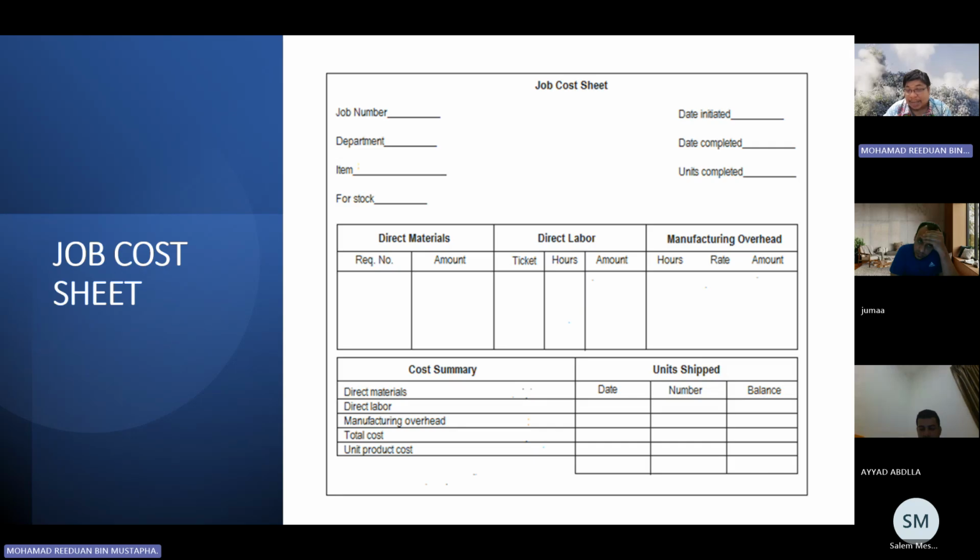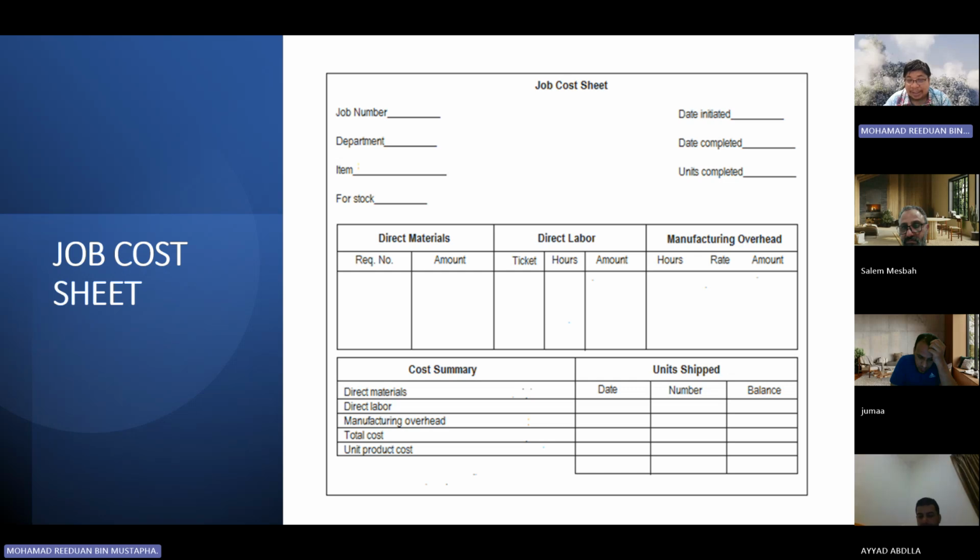This is just an example of the job cost sheet. It can be physical, or the design can be transferred into Excel or Microsoft Word that we key into the PC.